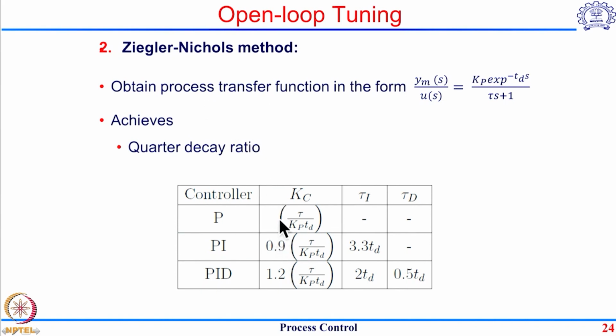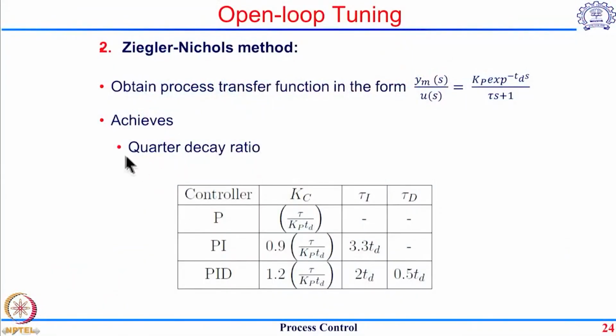This is a simpler method, and it penalizes only the quarter decay ratio. You can see that again the same trend is followed: the P controller will have an intermediate gain, PI will have a lower gain than P, and the PID will have a higher gain than the P controller. So all these methodologies try to follow the basic analysis which we have done for P, PI and PID controllers, just that the values which you get are based on the criteria which is selected.